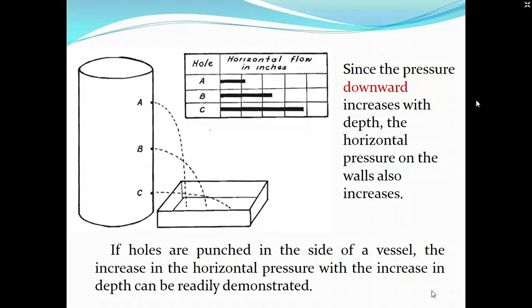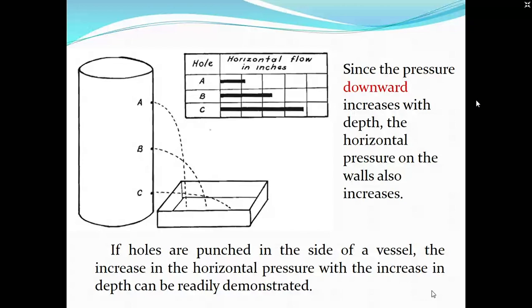So, since we've got rho g h, if depth or height, depending on the situation, increases, the hydrostatic pressure increases. So thus, let us consider the hydrostatic pressure at points A, B, C.